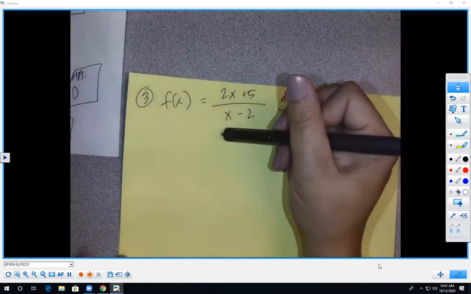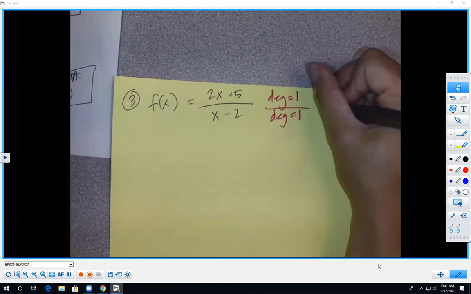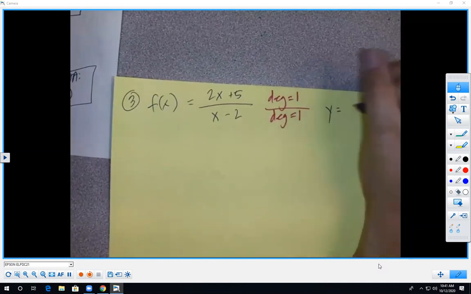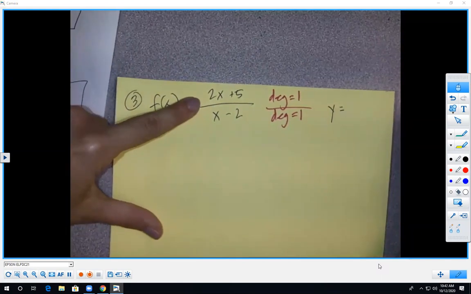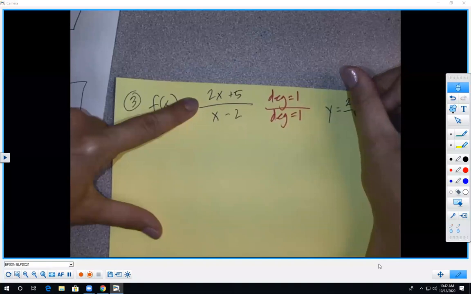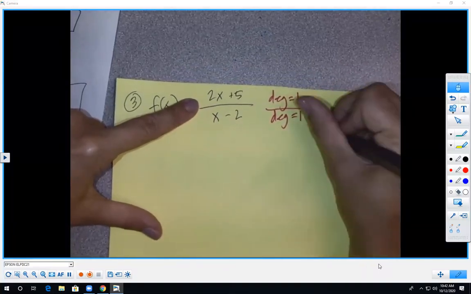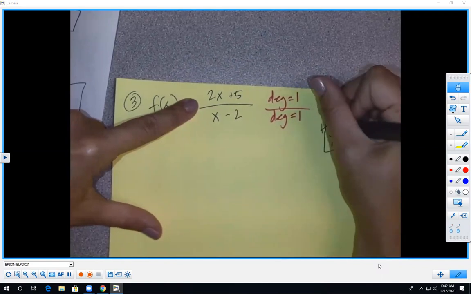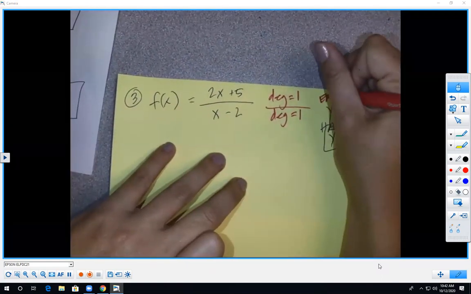Yes, because the highest exponent is the same here. So my horizontal asymptote is y equals, you divide your leading coefficients. What's my leading coefficient on top? 2. What's my leading coefficient on bottom? 1. So my horizontal asymptote is y equals 2. And this is the eats DC.